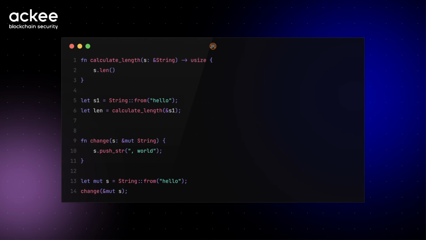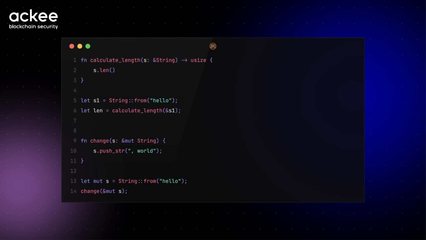For the purpose of the references, I prepared these two functions that you can see in the source code, or let's say pseudocode. If you copy it into the playground, you can run it, but you need to also include the main function. The first function is called calculate length.